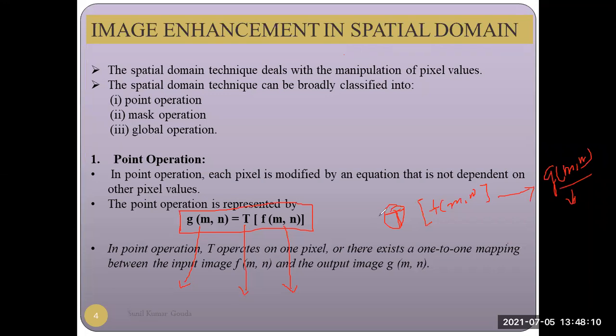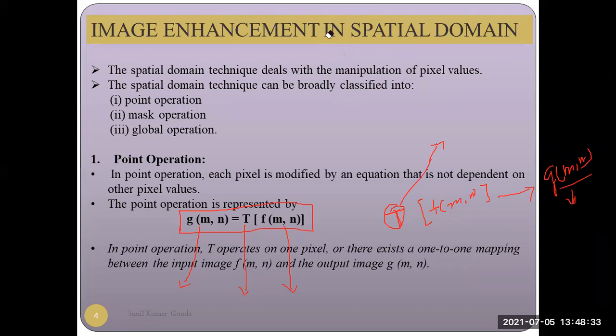Okay, or which we can say a point operation, and this transformation operator T can be classified into two different types: linear and non-linear transformations. Linear means linear dependencies.